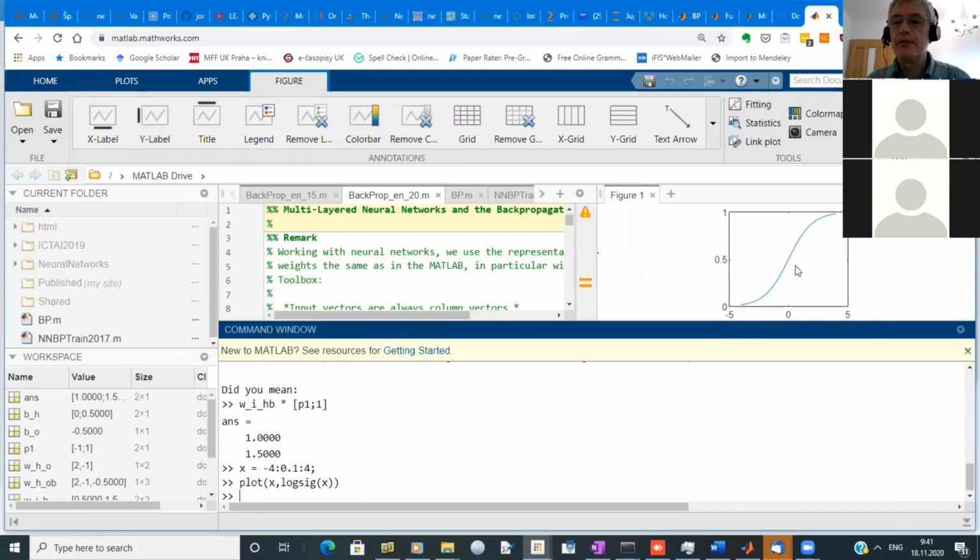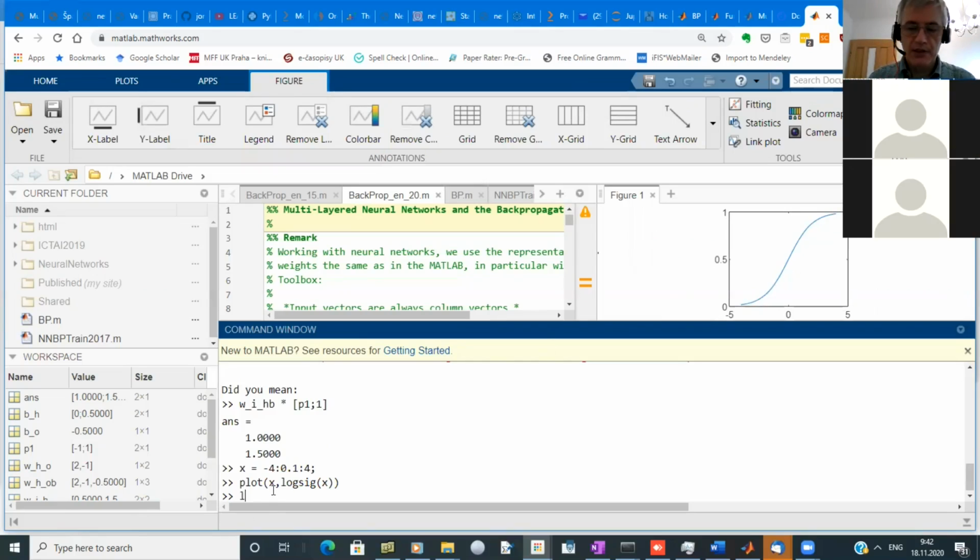So we can see that the sigmoidal transfer function starts at -infinity at a value close to 0, and then around 0 it switches the output continuously from a value close to 0 to a value close to 1.